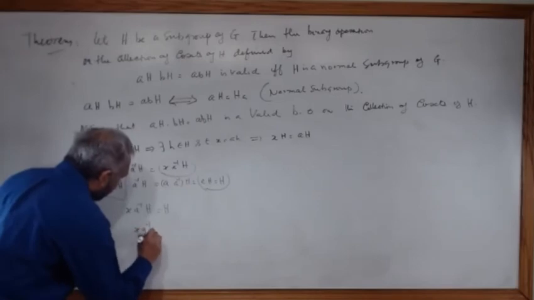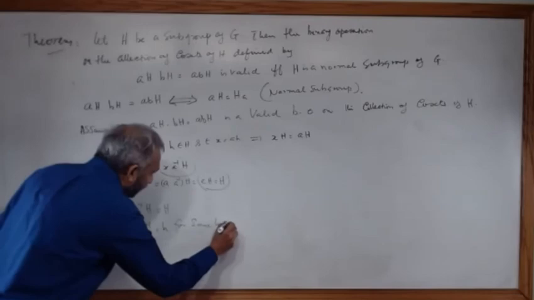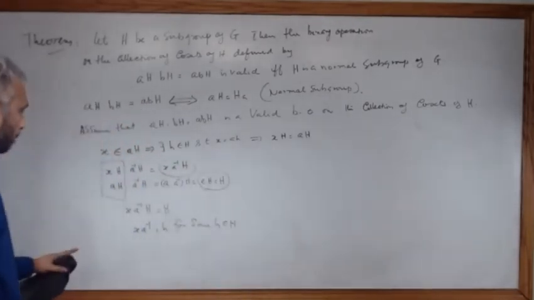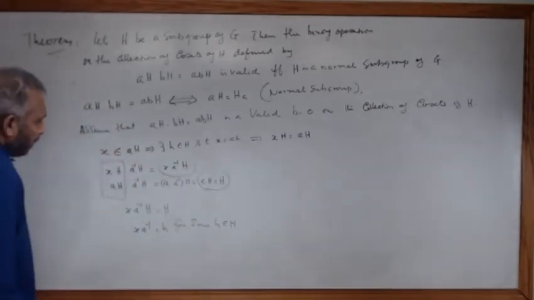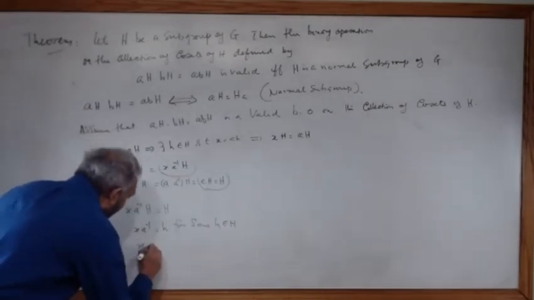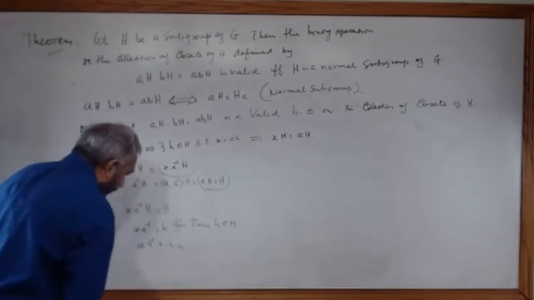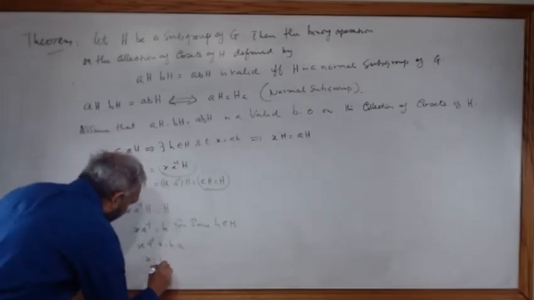X A inverse is equal to h for some h in H. And that means X A inverse times A is equal to h times A, and that is X equal to hA.